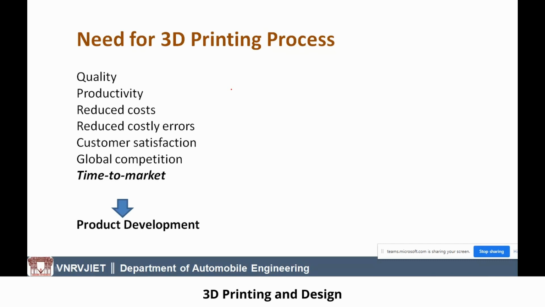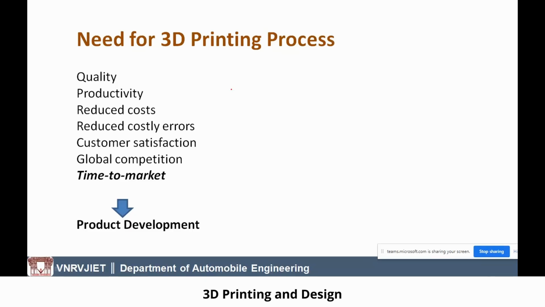So there is global competition because we need to produce a component on time to the market. If a company has a competitor, and you produce a component much earlier than your competitor, you will stay in the market. That is possible using a 3D printing process.